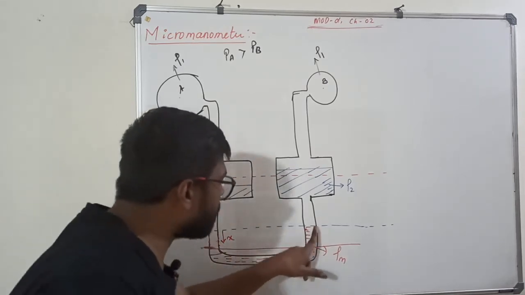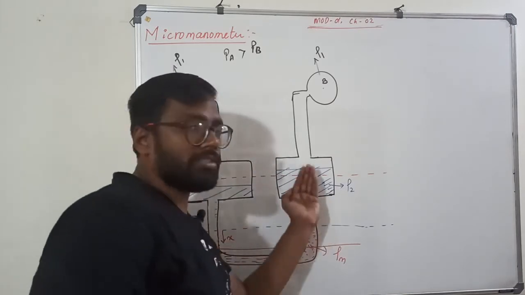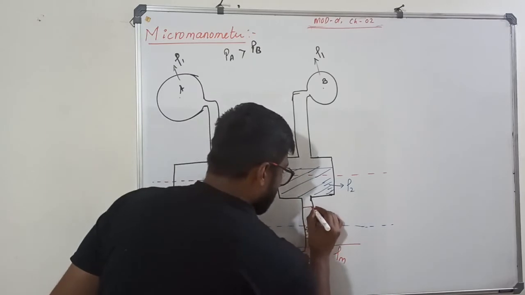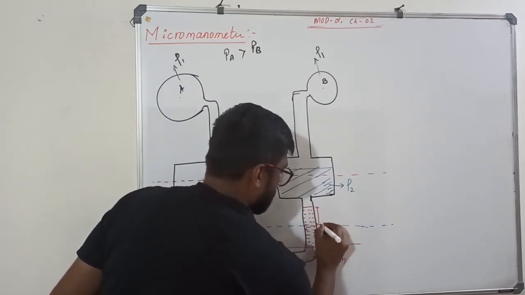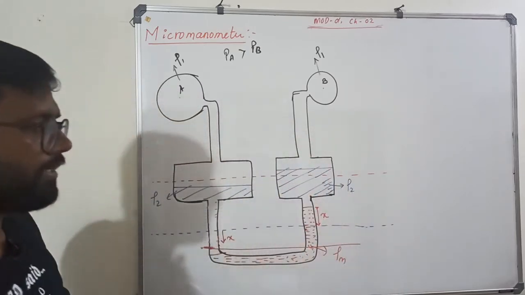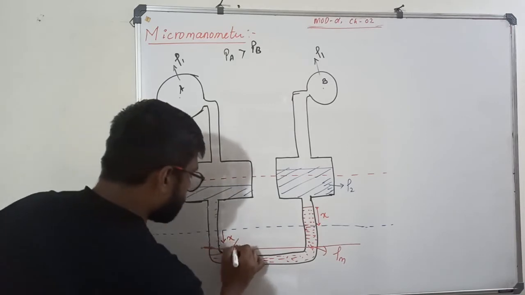So the same amount will rise here. X depth it came down, so X depth is going to rise in this right column. Or let me write X by 2.